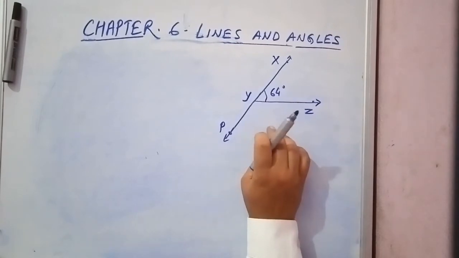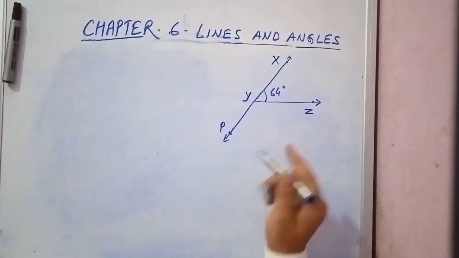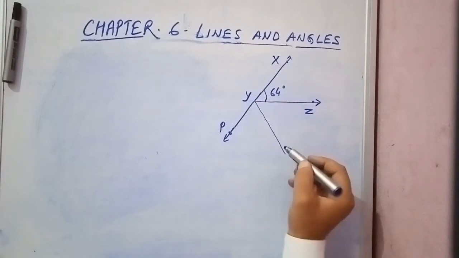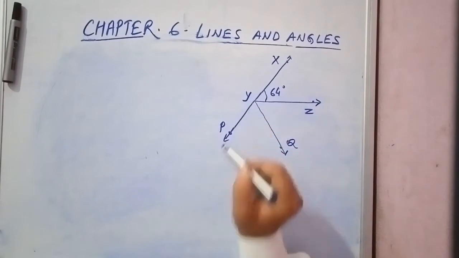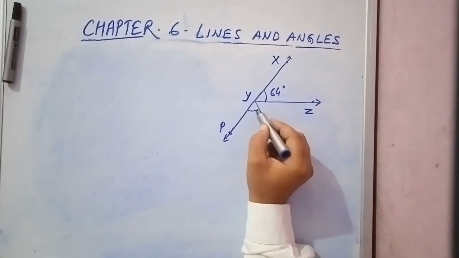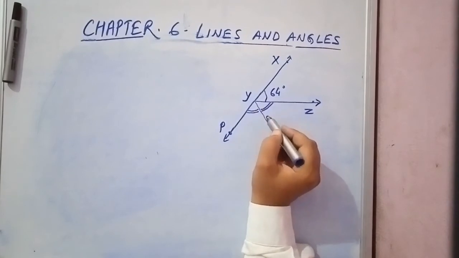Already drawn here. YQ bisects angle ZYP. Bisect means this angle should be equal to this angle.